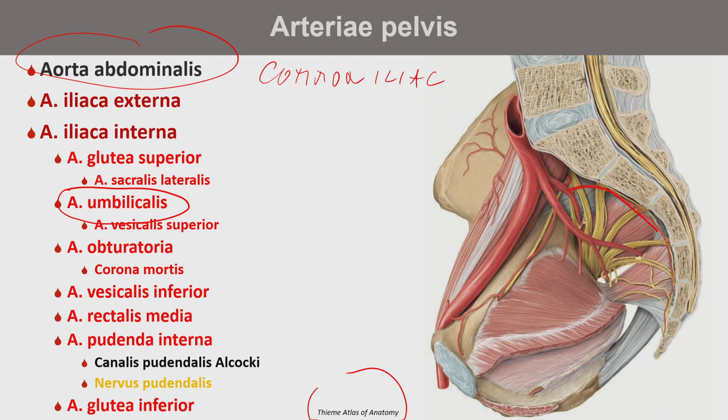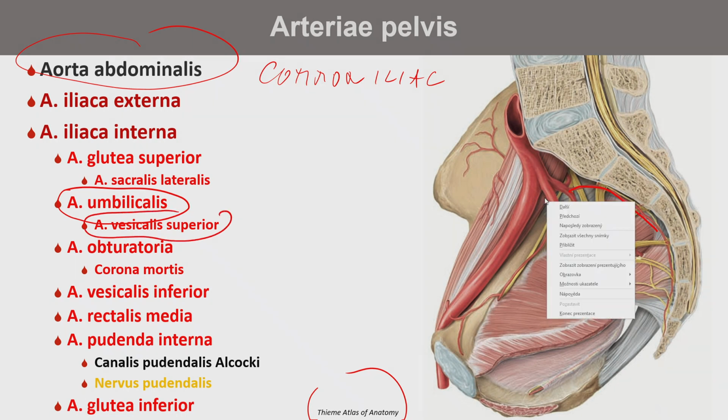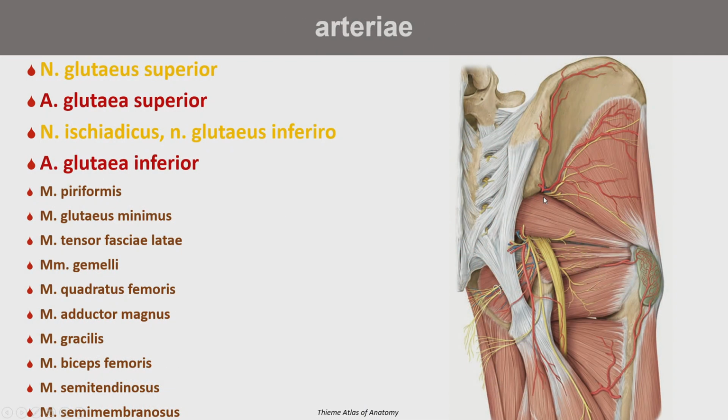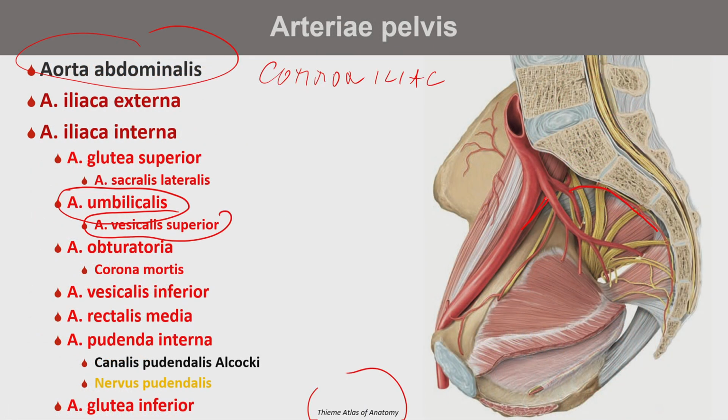Then the rest of this artery forms an artery which should be here like a first branch, and the first branch should go and supply the superior part of the urinary bladder.